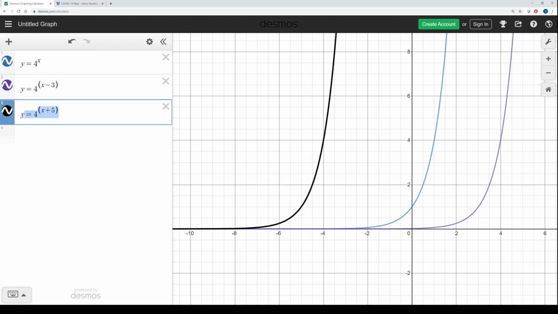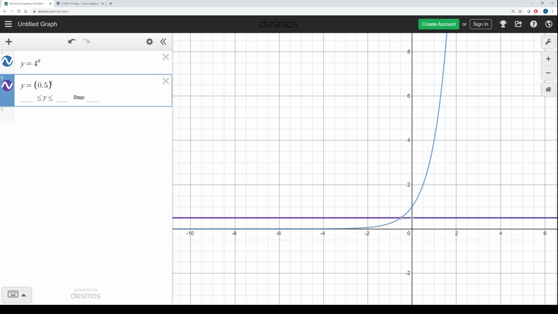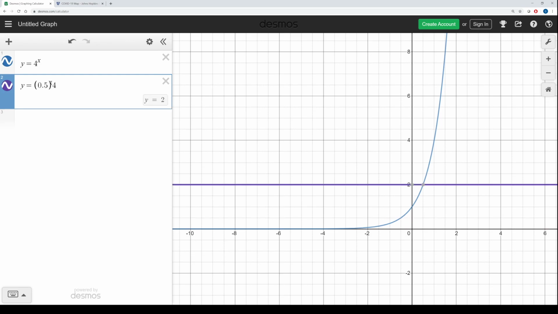Okay. Now, we can mess with doing more than one of these things at a time. So we can go all out. Let's say I wanted my graph to grow less fast. I can multiply it by 0.4 or 0.5. I want to shift it to the right by 3.